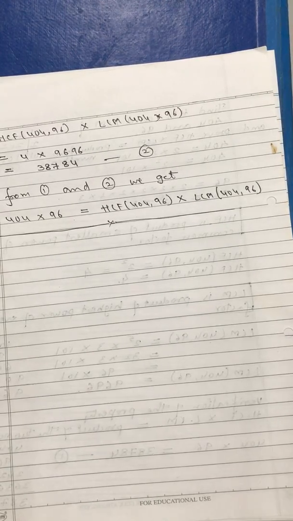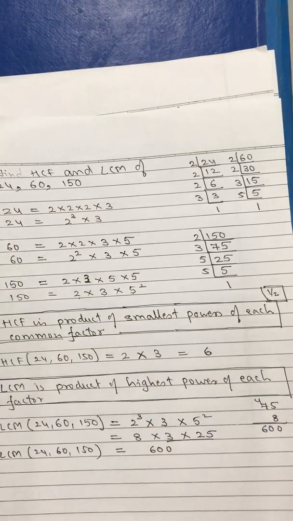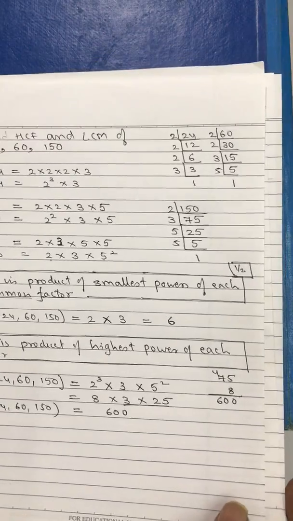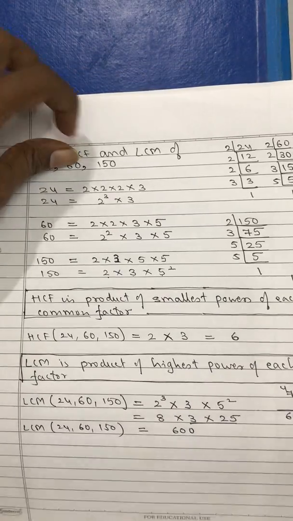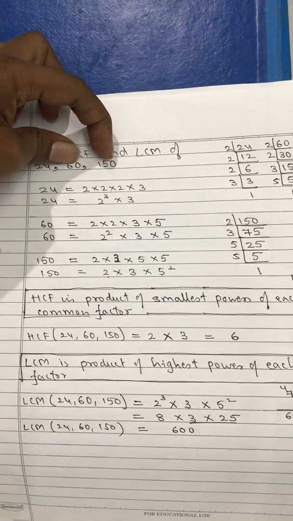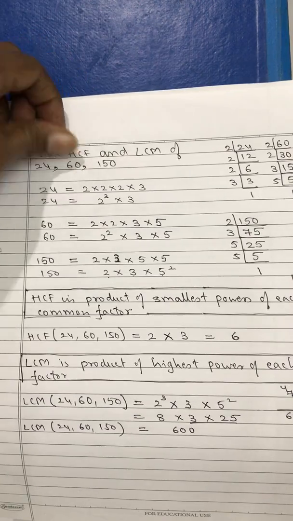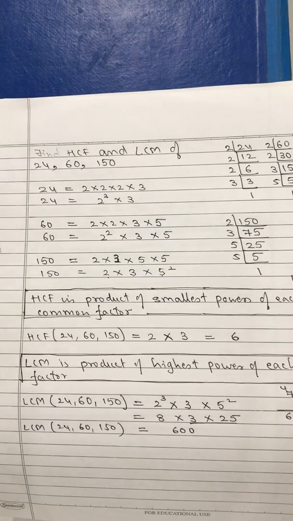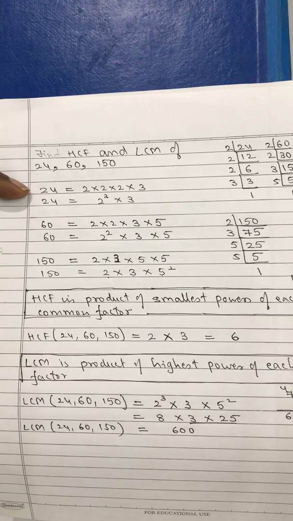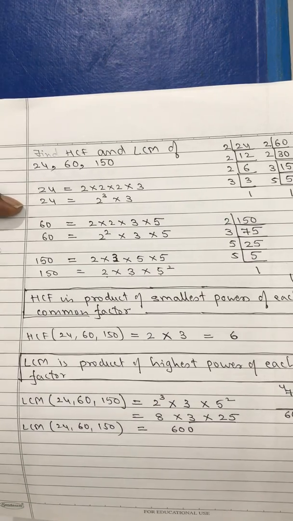Next, we will do the same exercise with this. We had found the HCF and LCM of 24, 60, 150. This we had done just now. We found the HCF in the same fashion. We factorized 24 and wrote the factors in exponent form, power form.